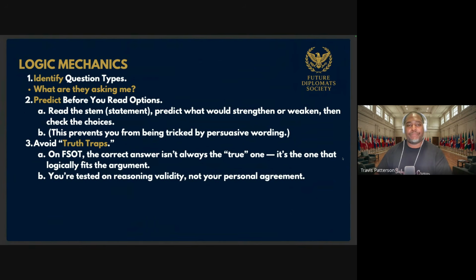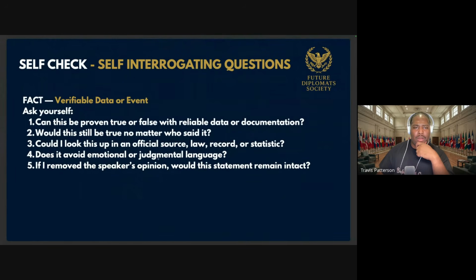So let's recap. Facts can be verified, right? Opinions reveal belief. I would say that's fair. Evidence supports. Assumptions connect. And arguments persuade. Once you can get those pieces, or even see those pieces, analyzing policy or news becomes second nature.